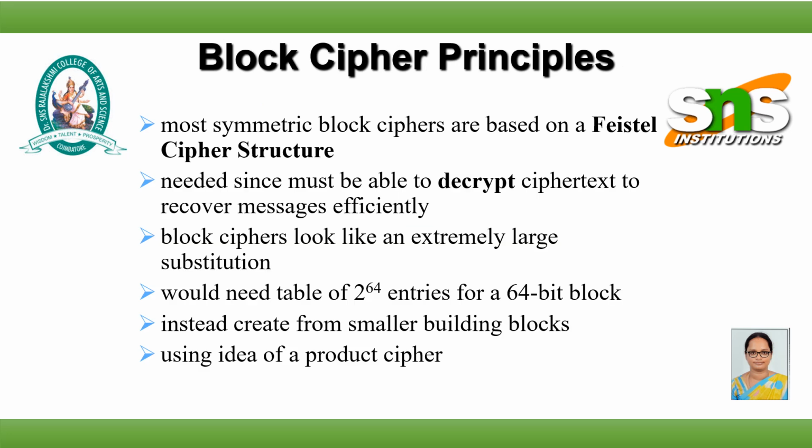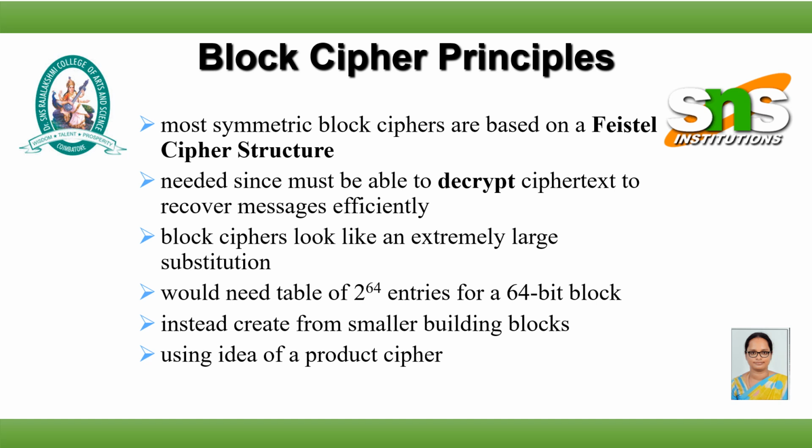Here we have some principles for block cipher. It is a symmetric block algorithm. It uses the structure of Feistel cipher. If we are performing a decryption operation, we need to recover the message efficiently.